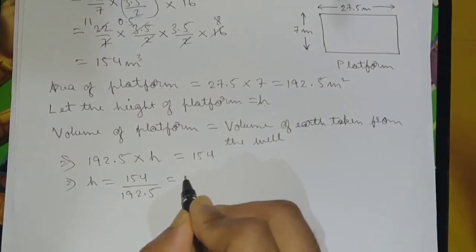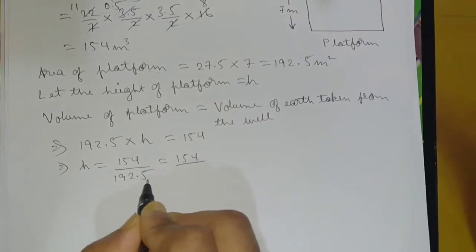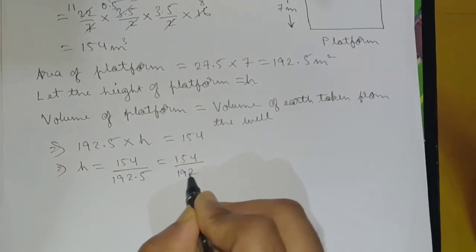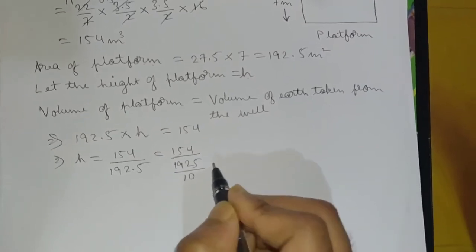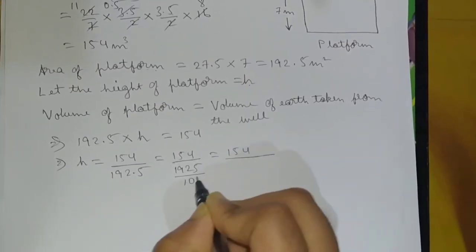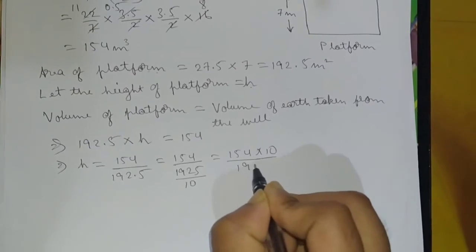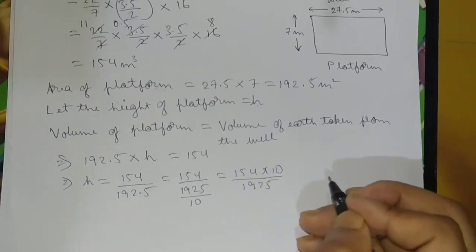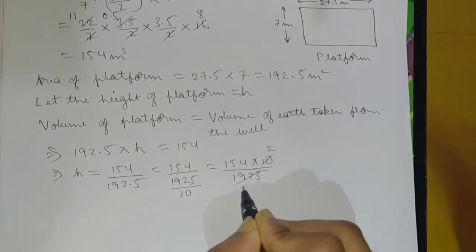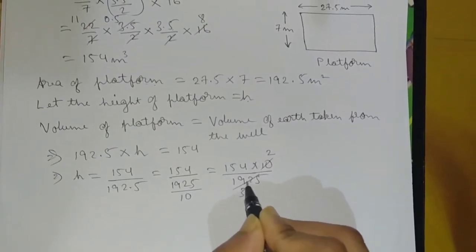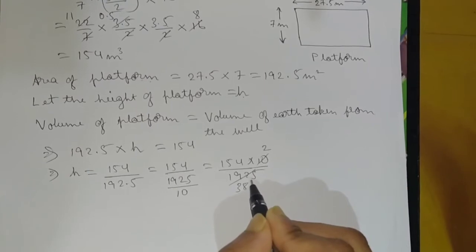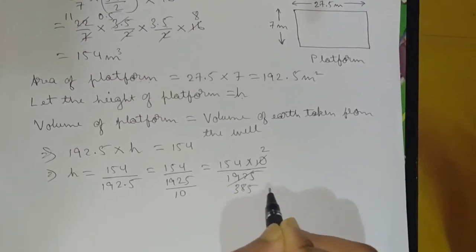So this is equal to 154 into 10 over 1925. Now cancel. 5 2s are 10, 5 3s are 15, 2 carry 42, 5 8s are 40, 42 minus 40 is 2. 5 5s are 25.